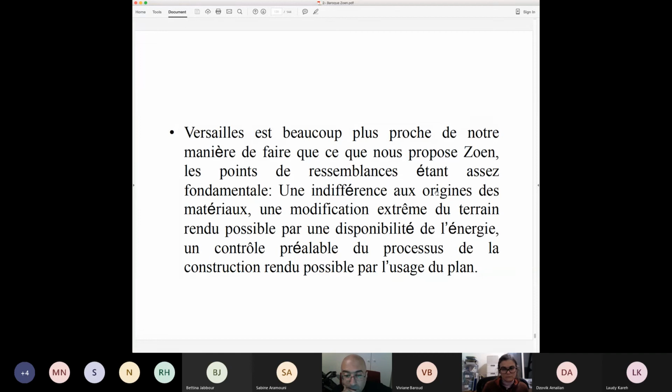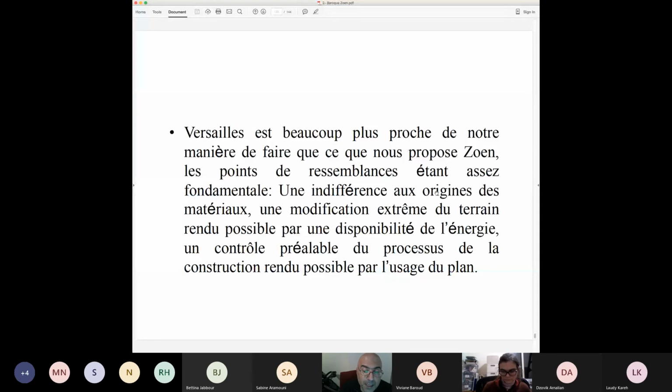is the result of an extreme modification of the terrain, a standardization of the terrain. And the standardization of the terrain that we see all over Beirut, all over Paris, is made possible by the availability of energy, tractors, workers, etc. And like your house, Versailles is the result of pre-planning that determines everything.